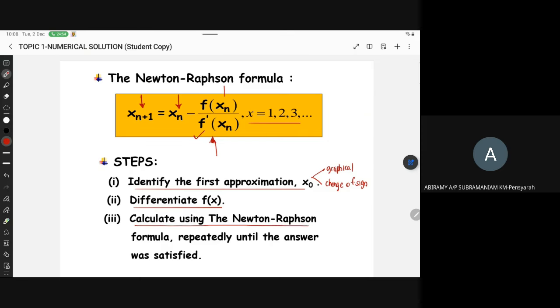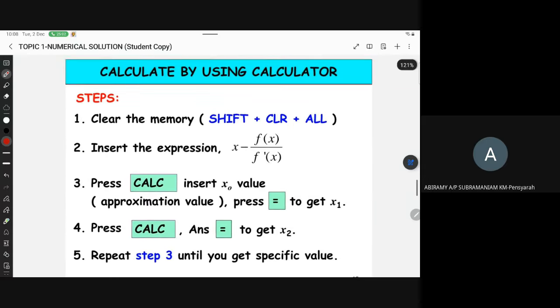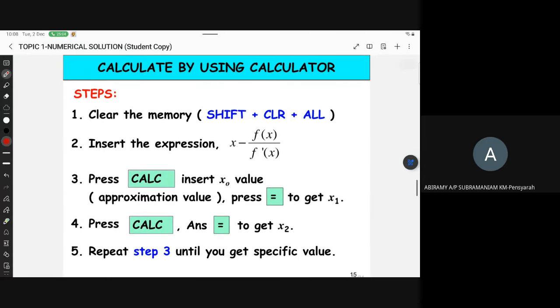Calculate using the Newton-Raphson formula repeatedly until the answer is satisfied. Now these are the steps where we will be using a calculator to find our root. So please take note of these steps. Make sure you clear the memory of your calculator, then insert your expression and follow the instruction by pressing calculate and inserting the first value, and then finding the approximation for the next value, and so on.